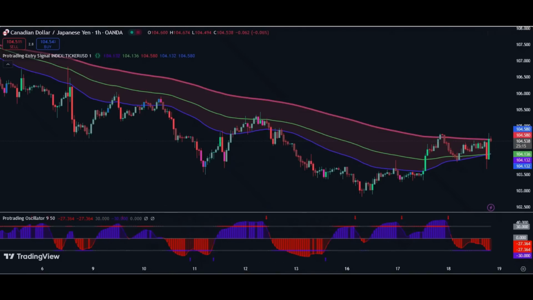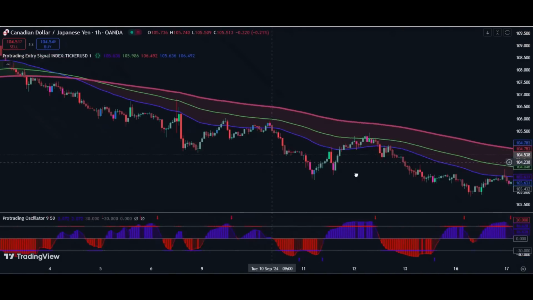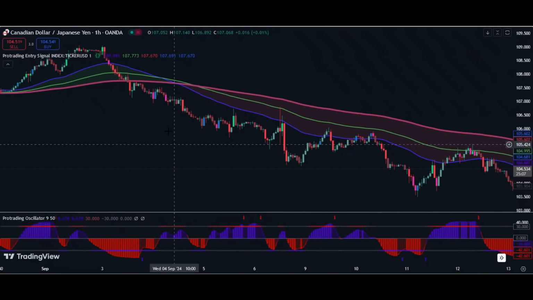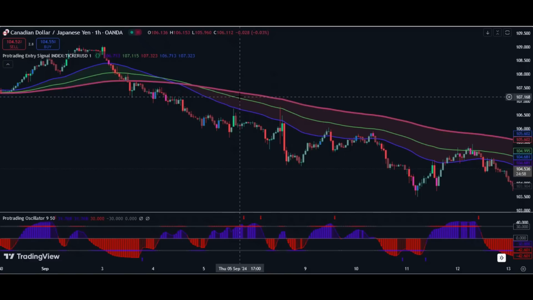From what I've explained previously, if you look on this chart, this is the Canadian dollar against the Japanese yen. This is a 200-day moving average, okay? The green is the 100-day exponential moving average, and the blue is the 50 exponential moving average.